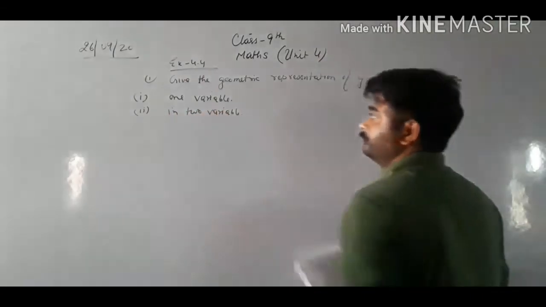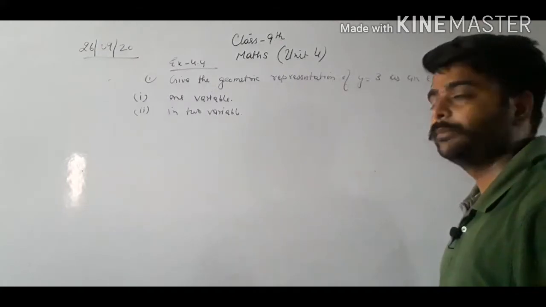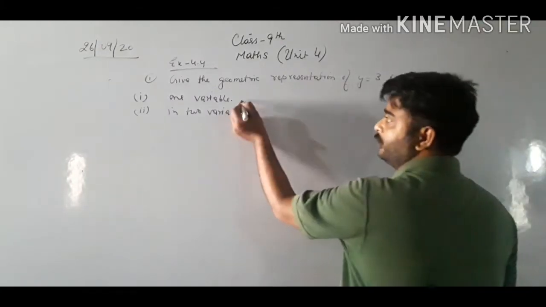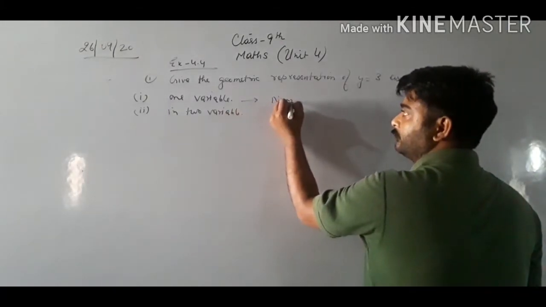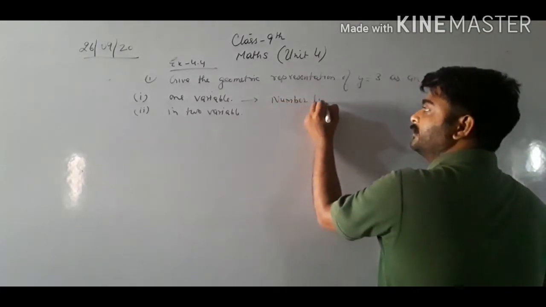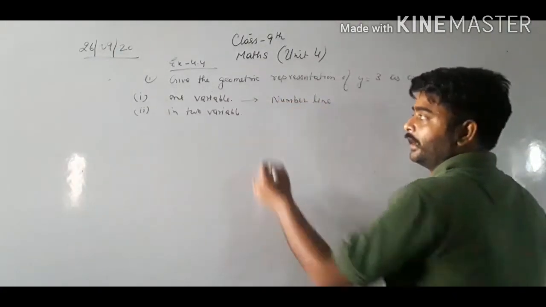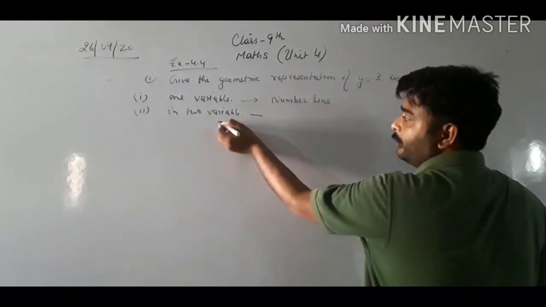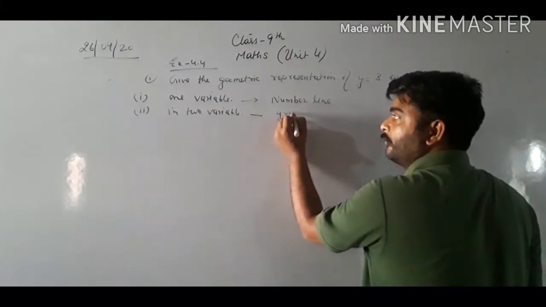Okay, class. Now for one variable, what you are doing? One variable is always considered as a number line, and in two variables we are drawing a graph.